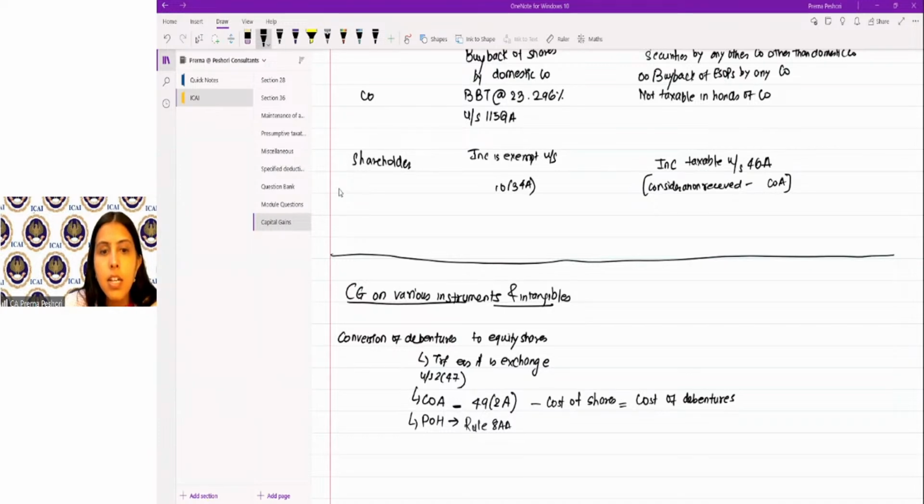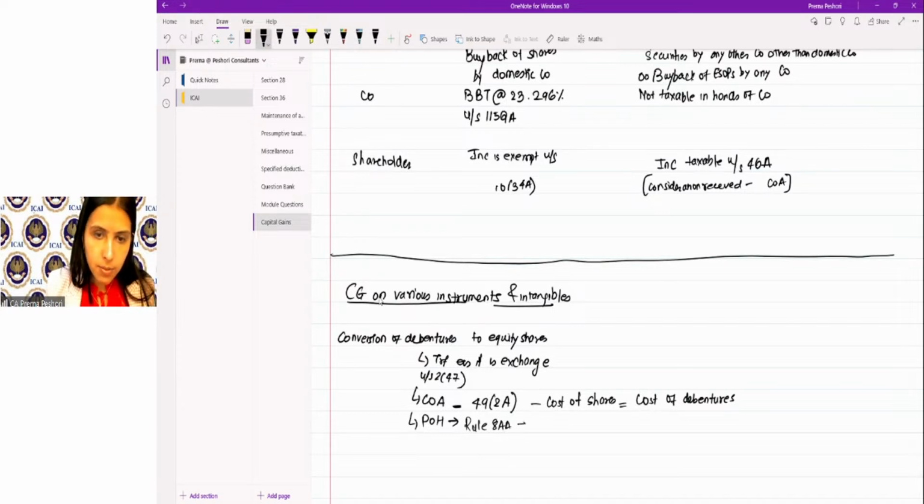Yes. Bomik, it was not for only self-generated goodwill. It was for determining the period of holding for the 45(4) asset, even for debentures, equity shares converted from debentures. For that also, the period of holding is given under Rule 8AA.